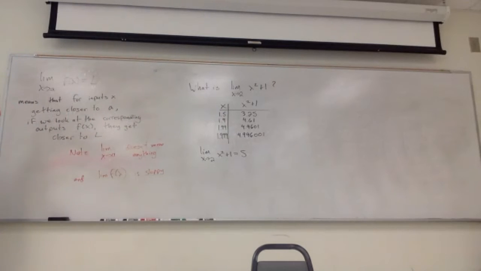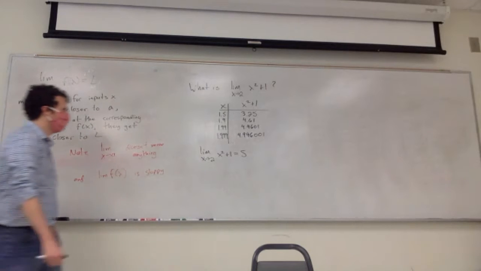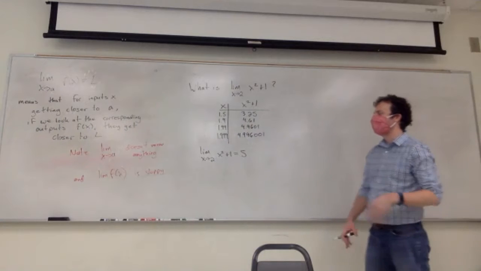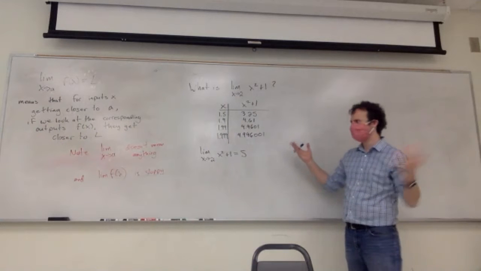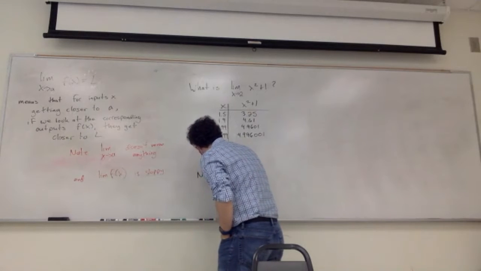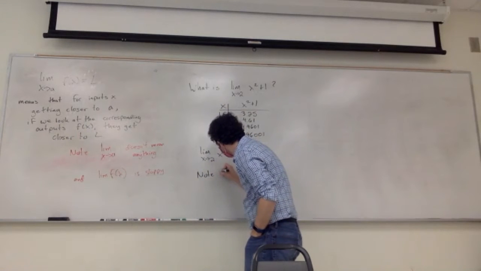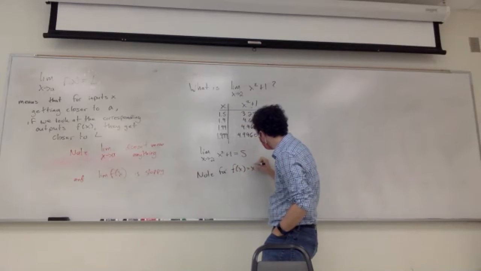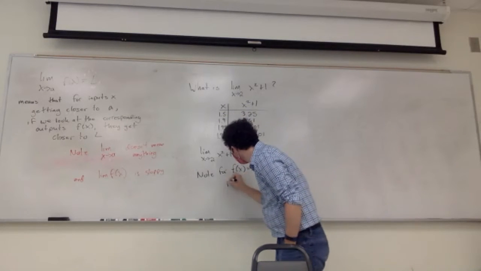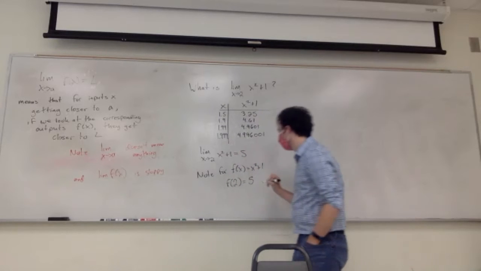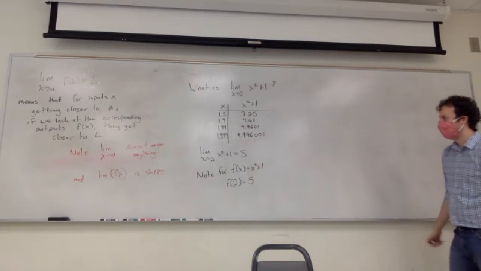What we can notice here, which maybe makes you think that this limit stuff is not really a new thing, is that for this function, x squared plus 1, f of 2 does actually equal 5.